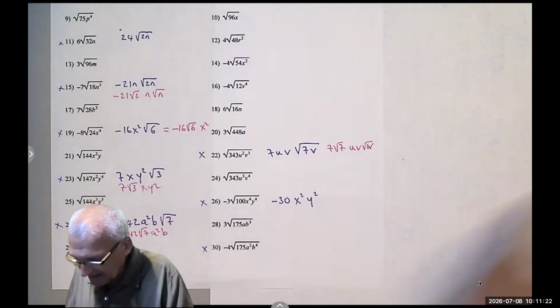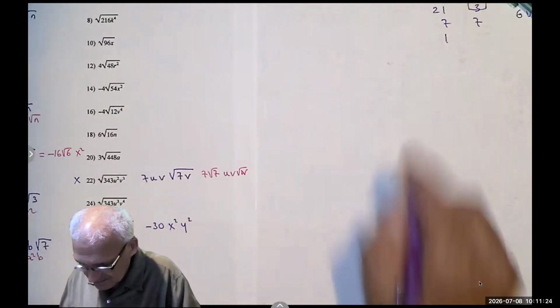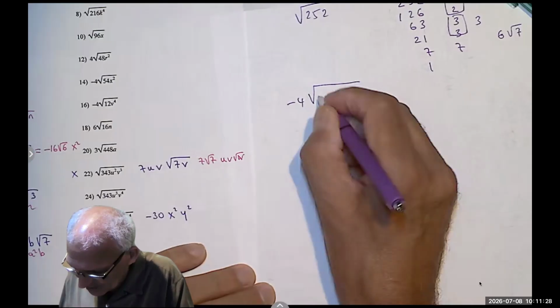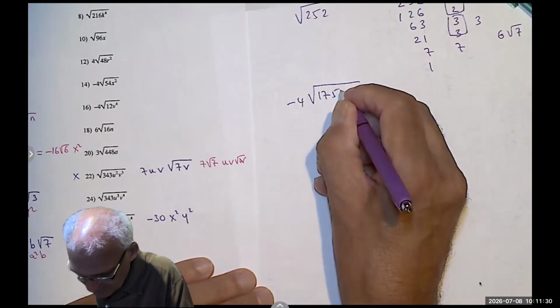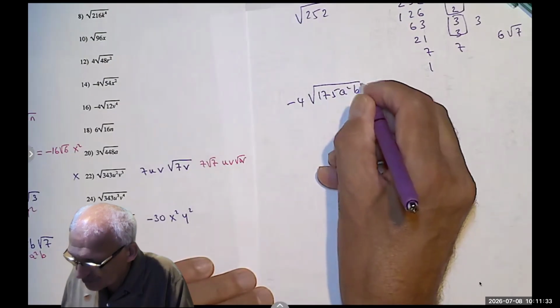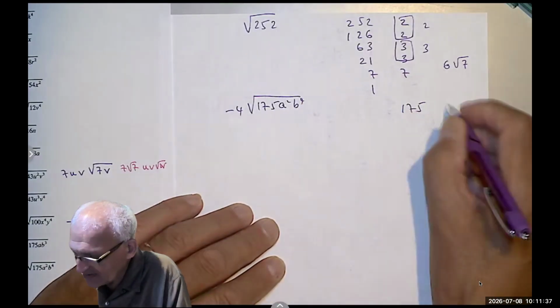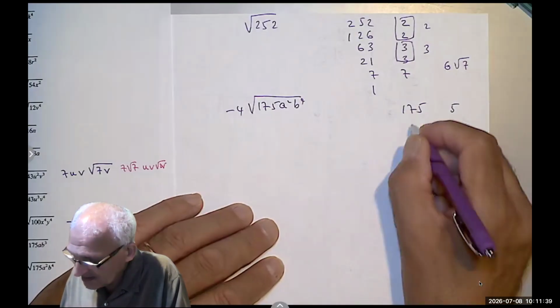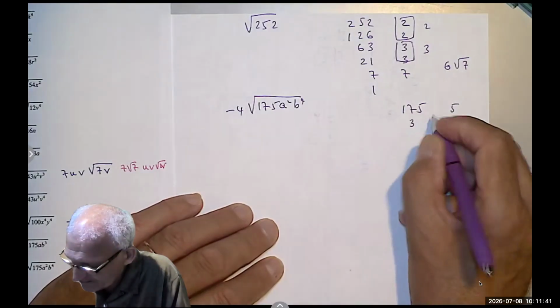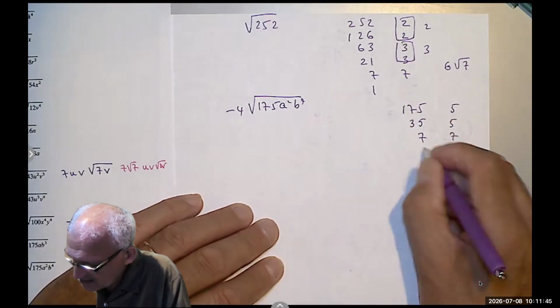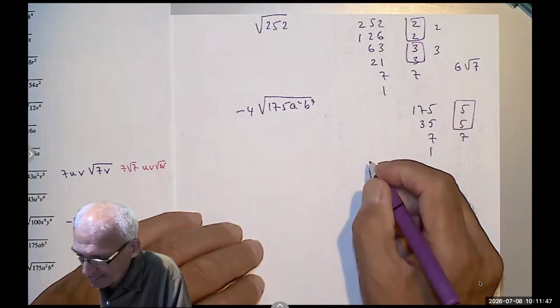And the last one we have, negative 4 times the square root of 175 a squared b to the 4. Let's look at the number first. 175 ends with 5, so it's divisible by 5. You will get 35. Divisible by 5, you get 7. So 5 root 7.